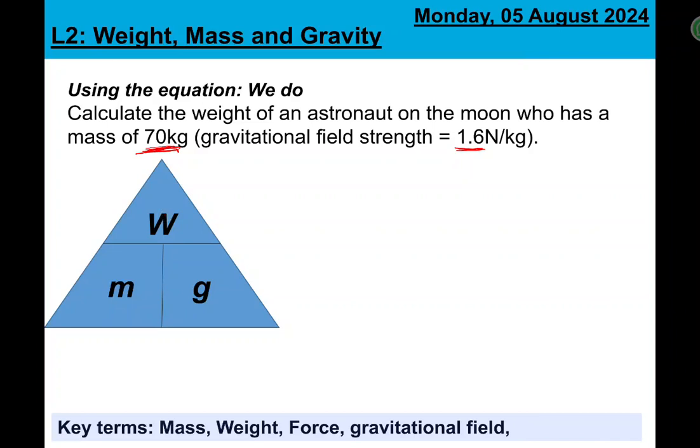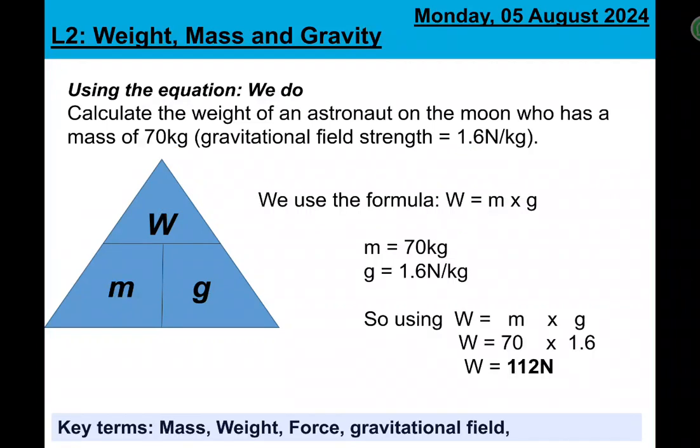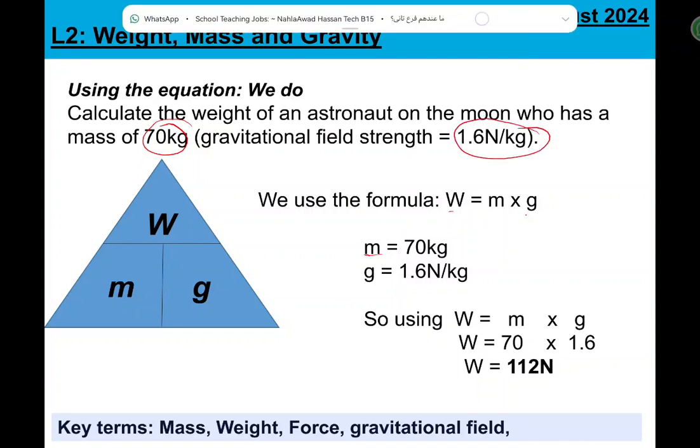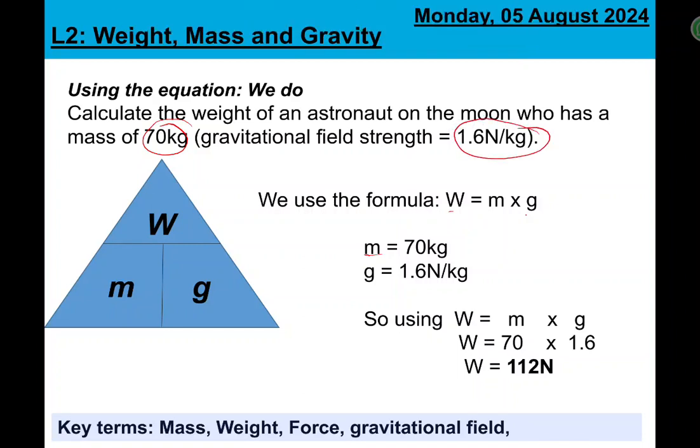We know that W is equal to M times G. So M is 70 kilogram, and the gravitational field strength is 1.6. So W is equal to 70, the mass, times 1.6, and that's equal to 112 Newton. Nothing is simpler than this.